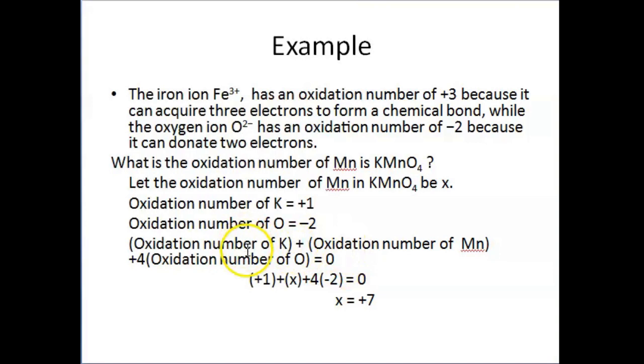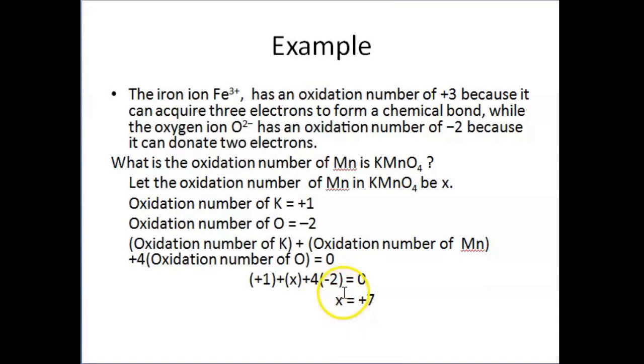Now if we substitute the value of the oxidation number of each element and equate it to 0, we should be able to get the oxidation number of the unknown element. So +1 plus X plus 4 into -2, on substitution in the above formula, is equal to 0. So we get X is equal to 7.